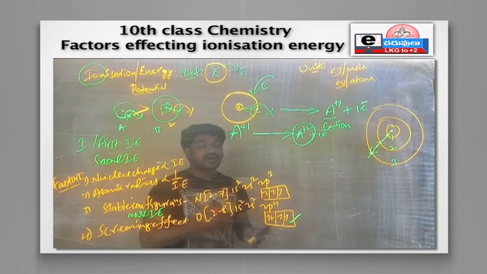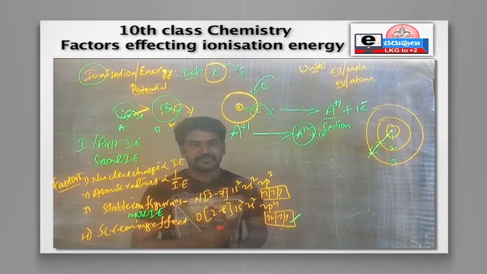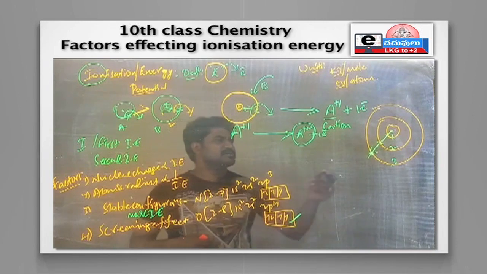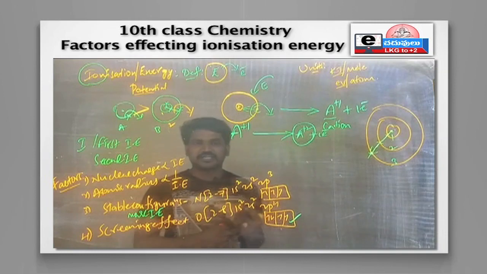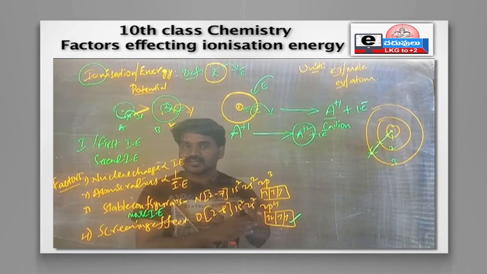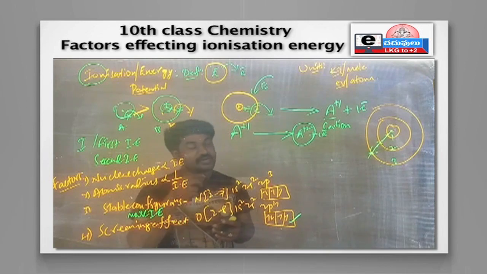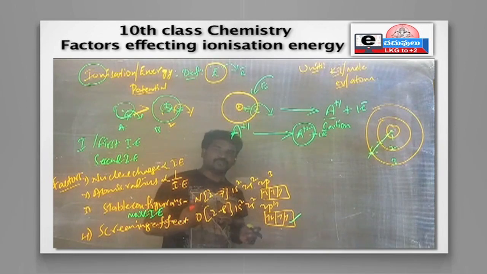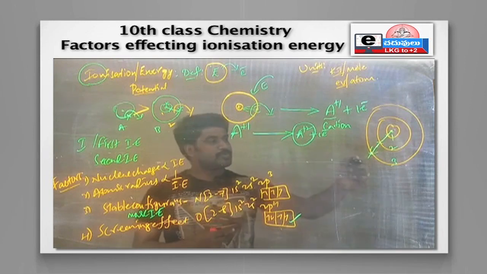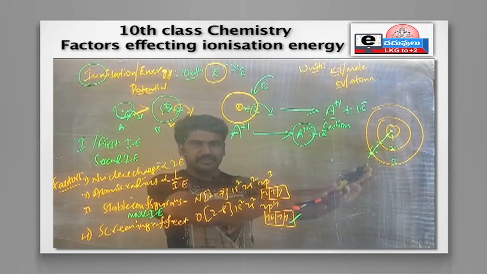So the nuclear attraction will decrease when it is coming to the outermost orbit. So you need to apply somewhat less energy here.